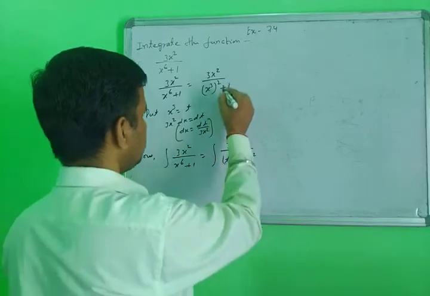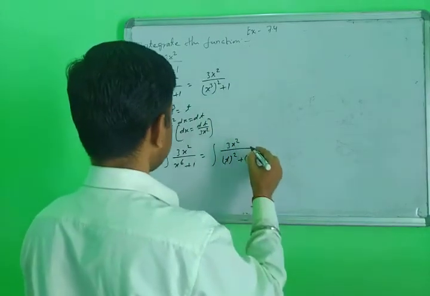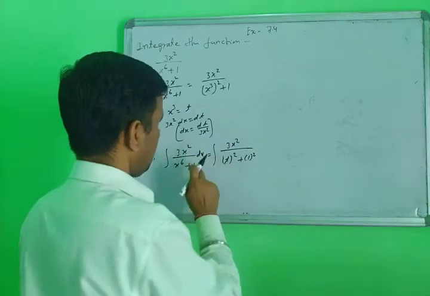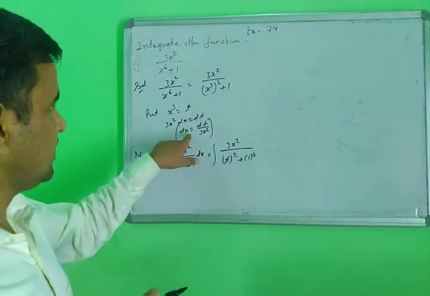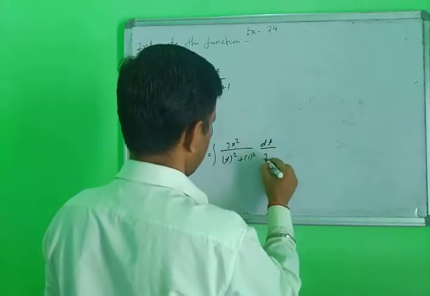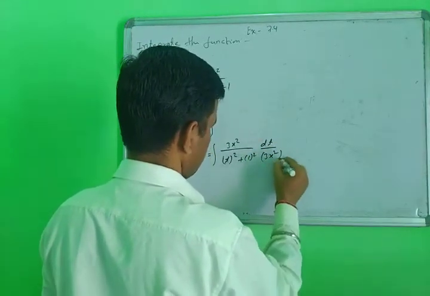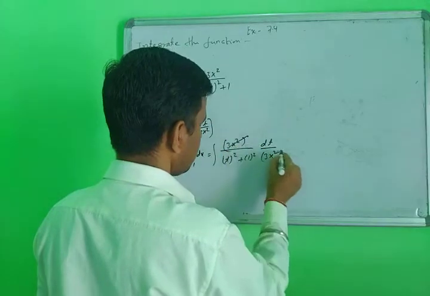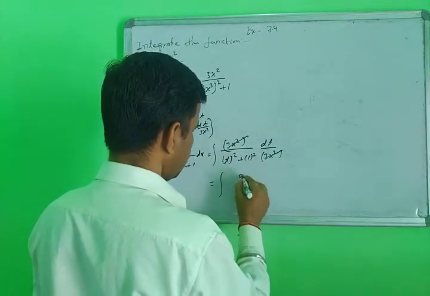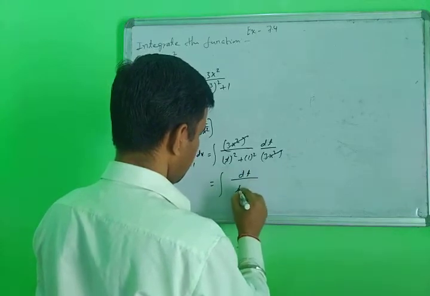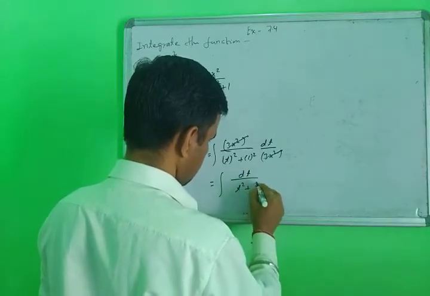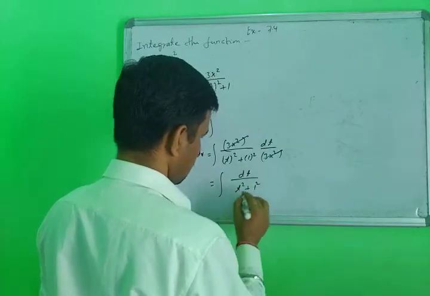And what is the value of dx here? The value of dx is dt over 3x square. This will be cancelled here. What is left here is dt over t square plus 1 square.